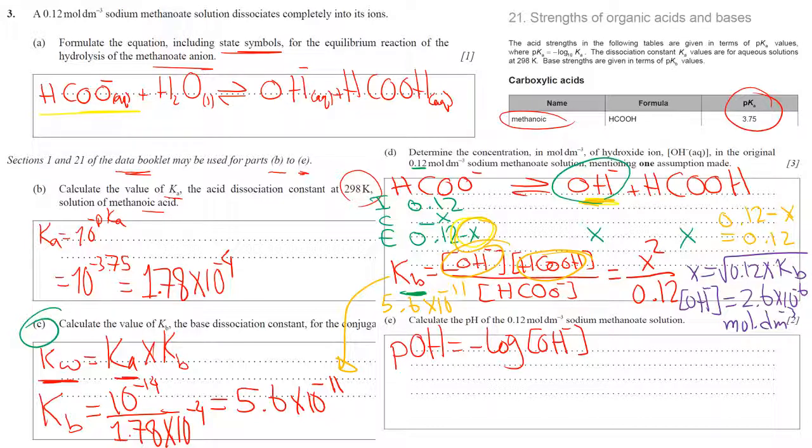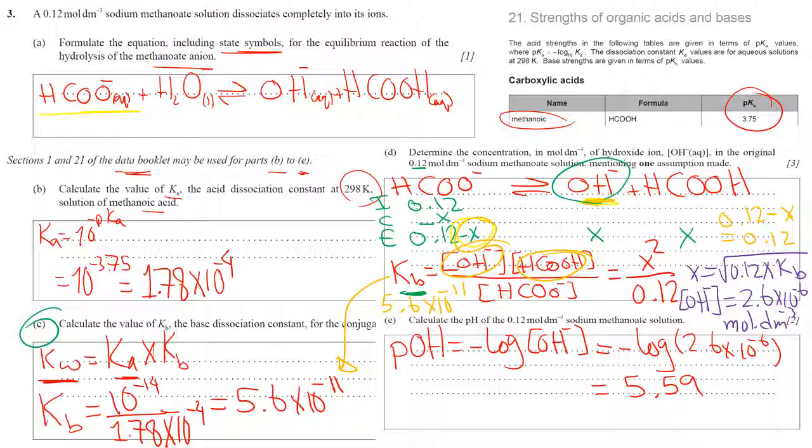You just have to use your calculation skills using the calculator. So it's negative log of 2.6 multiplied by 10 to the power negative 6, which will equal 5.59. Here's the pOH.